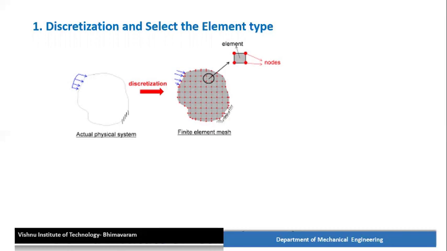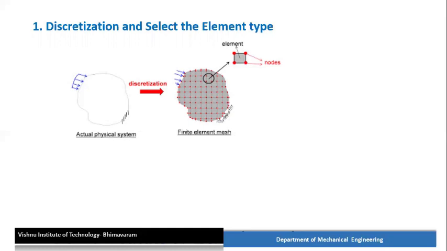The node numbers, the element numbers, the type of the element, size of the element and arrangement of the elements are to be decided in this discretization process.